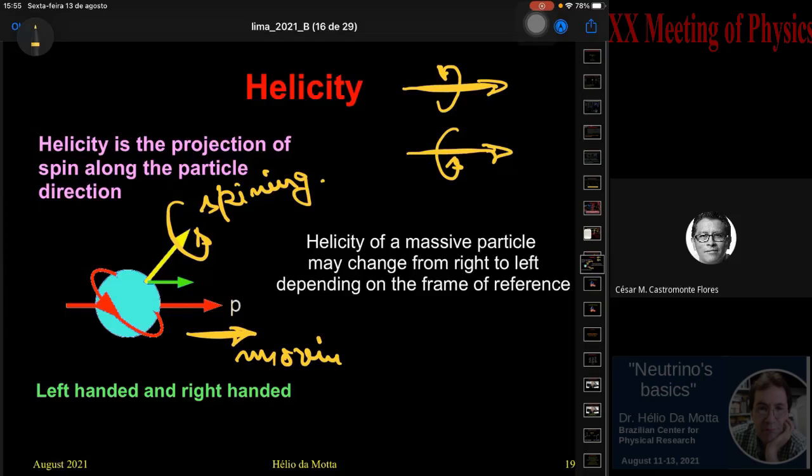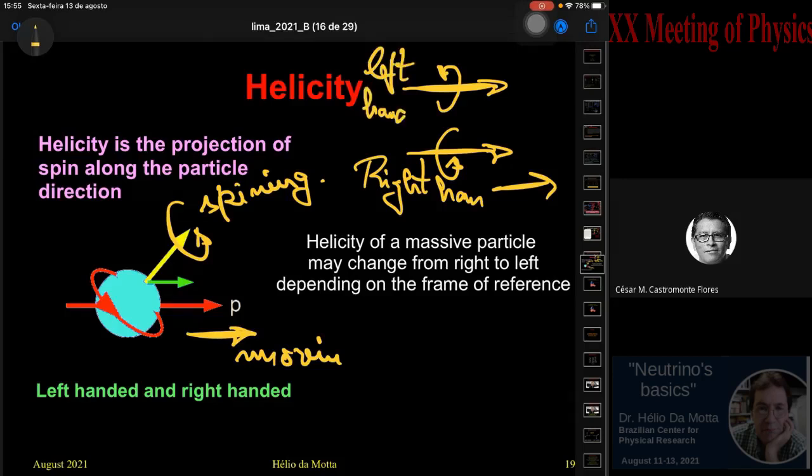It may be spinning like a corkscrew, or a screw. It can go forward, spinning right hand, or go forward, spinning left hand. The one here is right hand, and this one is left hand. Why right hand?